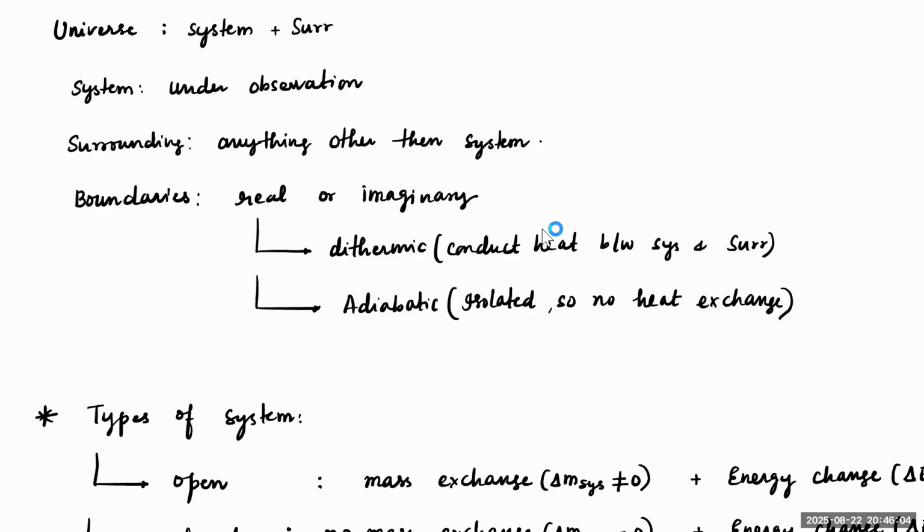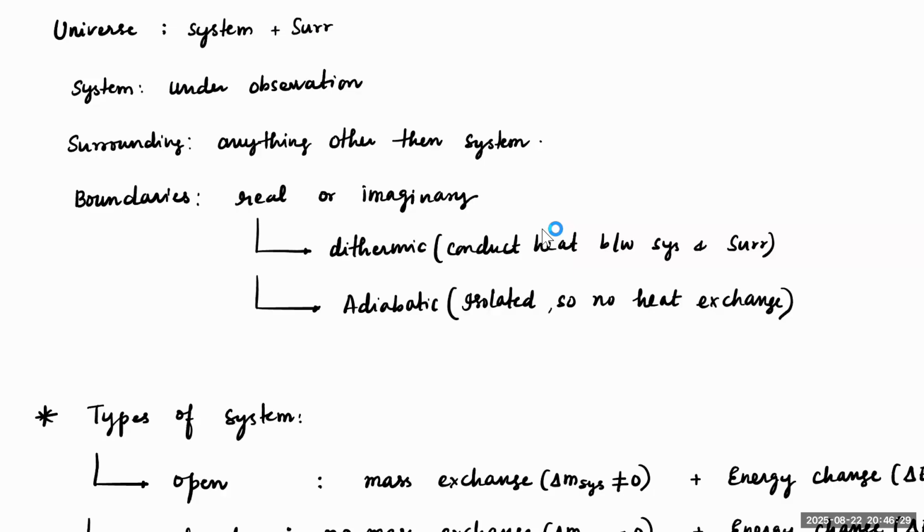You're trying to observe what is happening to the gas. That space where you are trying to observe what's happening with the gas is what we call the system. The space which is dedicated to the observation is called the system. And everything around it, other than that system, is called the surroundings.